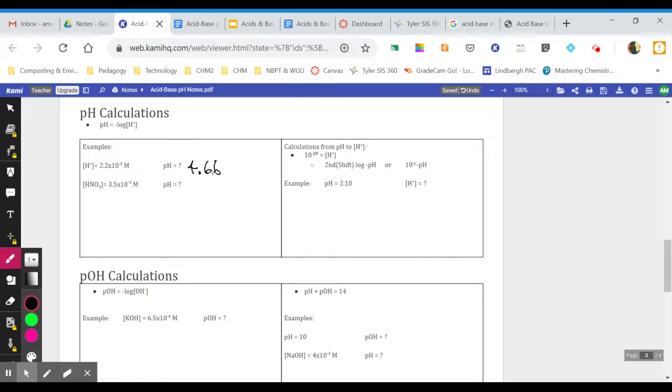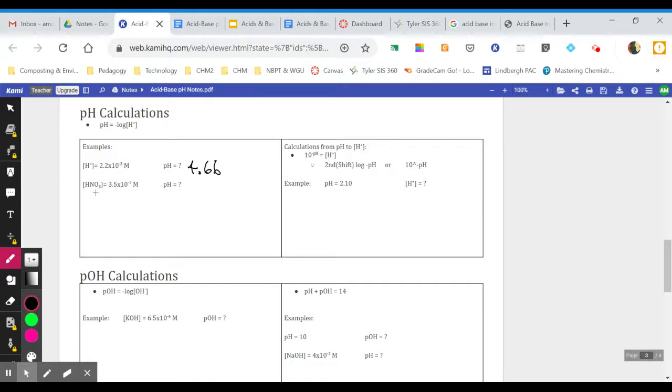So that's essentially how the calculator works. If we have brackets around something, a formula here, if it starts with hydrogen, it is an acid, and therefore it's contributing those hydrogen ions. So we calculate it the same way no matter what else is in that formula. The NO3 doesn't actually matter.